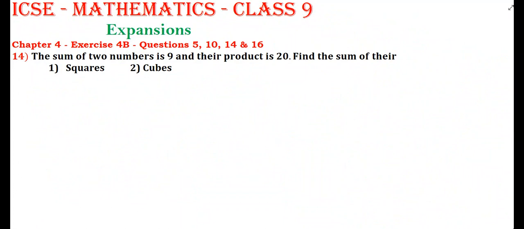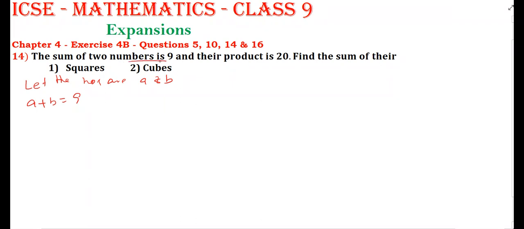The sum of two numbers is 9 and their product is 20. Find the sum of their squares and cubes. So first, let the numbers be A and B. Sum of two numbers, so A plus B equal to 9.